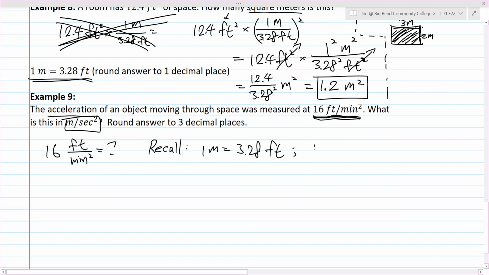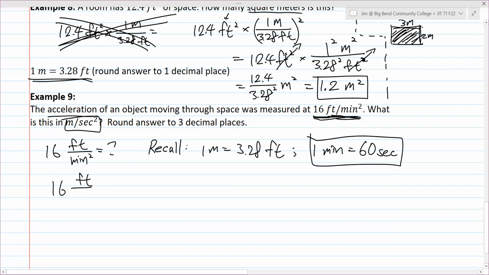Then also recall that 1 minute equals to 60 seconds, we should all know that unit conversion factor. That's another common factor. 60 seconds for 1 minute. All right. All the given units are ready, so let's do this.